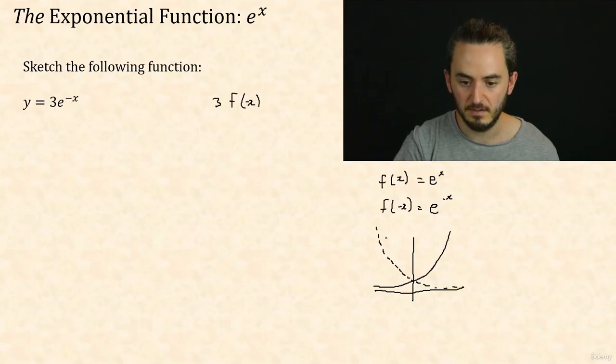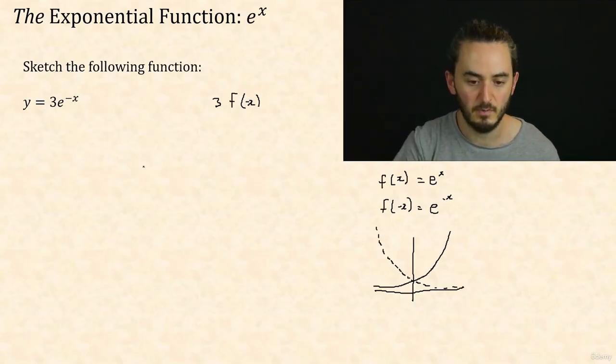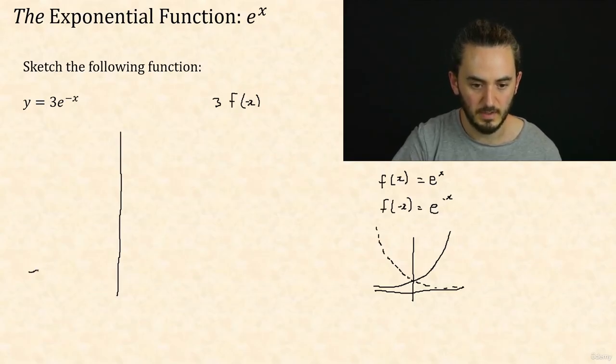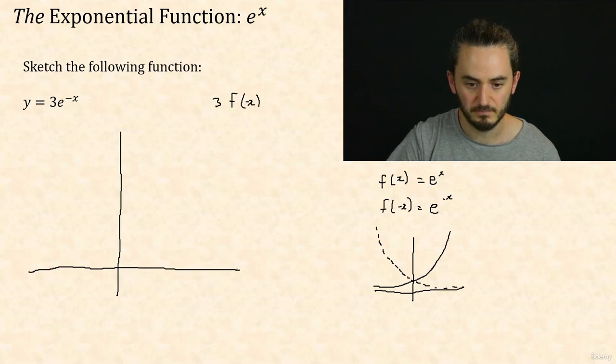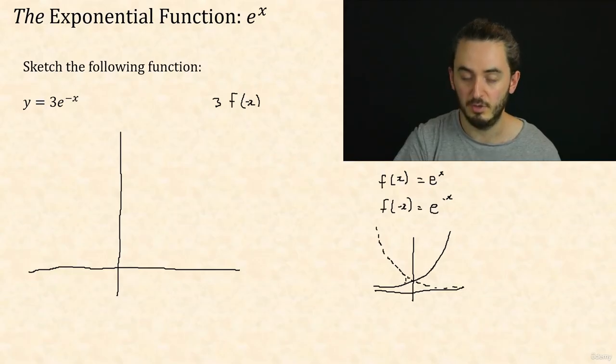So we're just going to take this dotted line and stretch it all 3 times as far away from the x-axis. So what's that going to look like? Well, it's going to have a very similar shape. It would have gone through at 1 before, because all exponentials cross at 1, if they're just a simple exponential, because anything to the power 0 is 1.